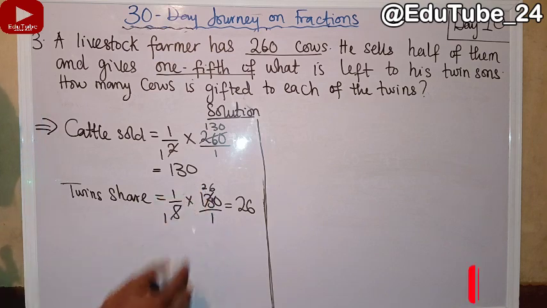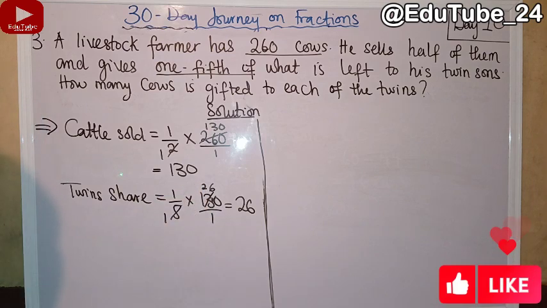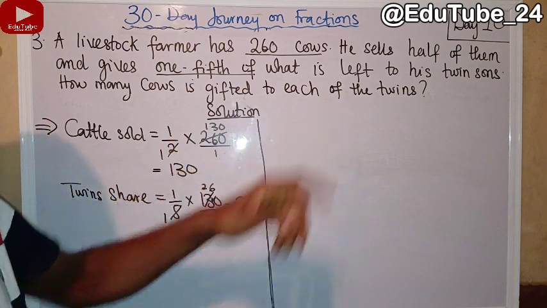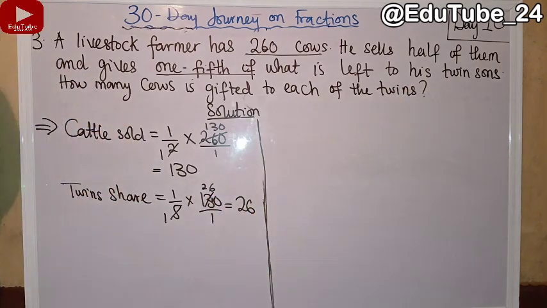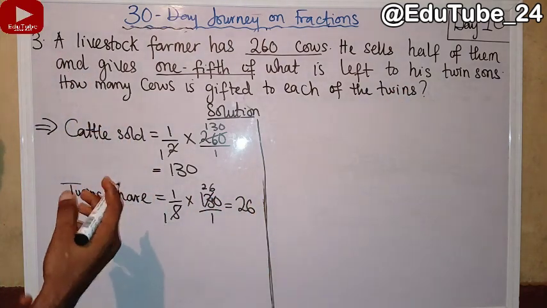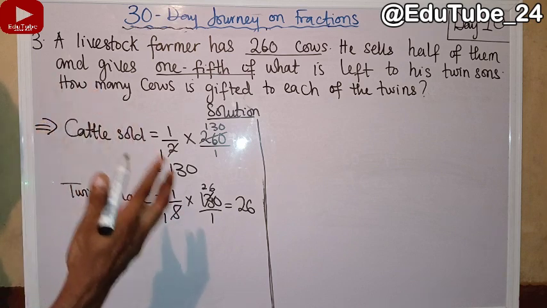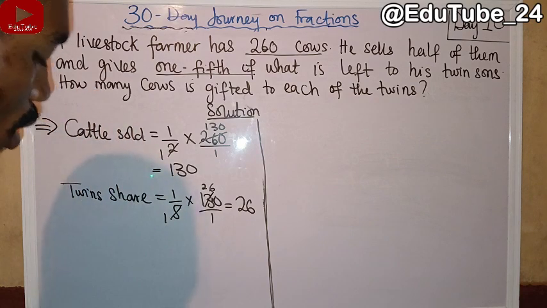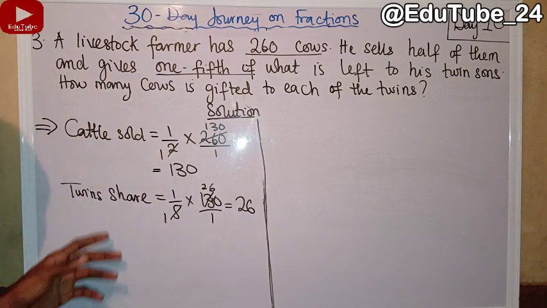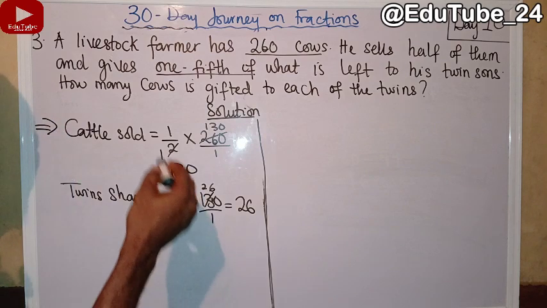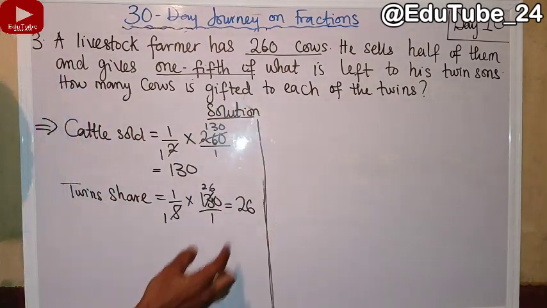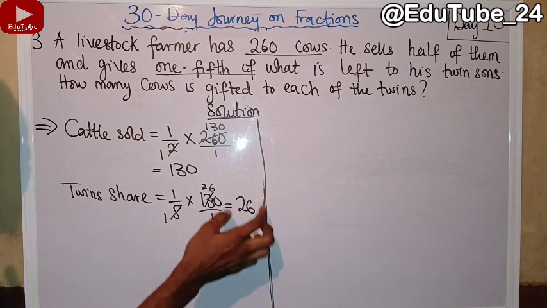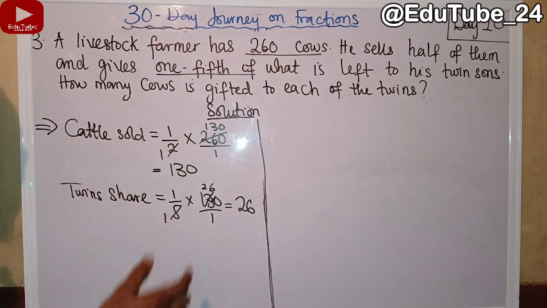Okay. So now the question proceeds and says, how many cows are gifted to each of the sons, each of the twins rather. So each of the twins, how many cows were given to them? The twins are 2 individuals or 2 children. So if we are asked to calculate how many cows are gifted to each of the twins, we just simply divide the number of cows given to both of them by 2.